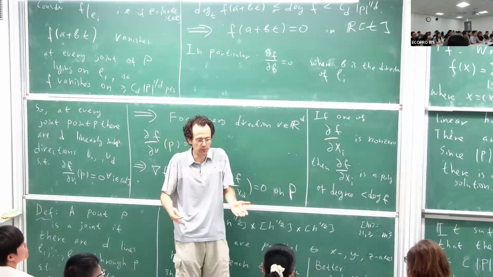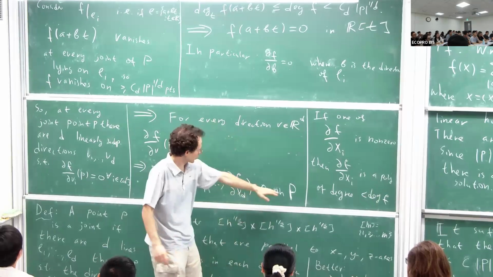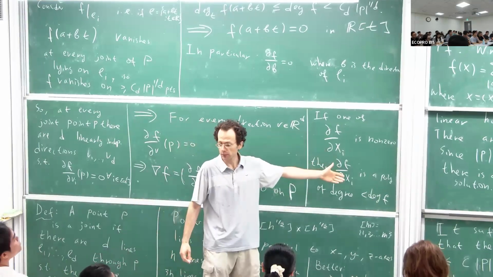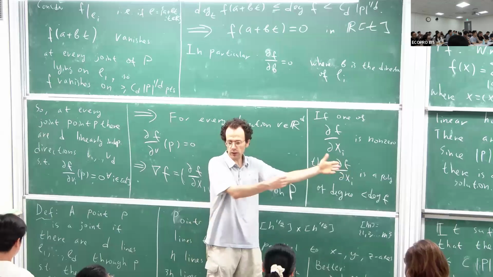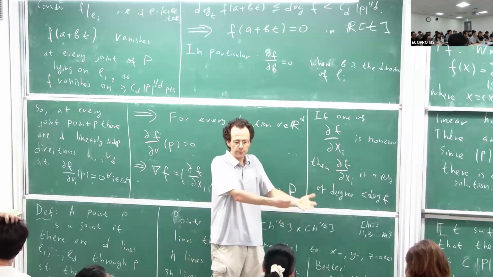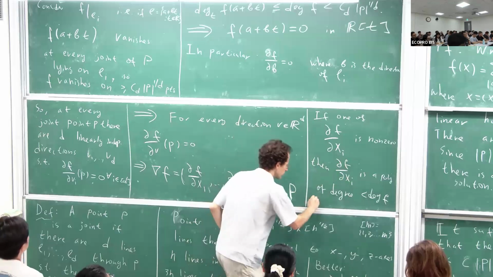A derivative drops a degree. It vanishes on P, and it's a non-zero polynomial. That's a contradiction to how I constructed F. It was the smallest degree non-zero polynomial vanishing on P. It cannot happen. This would be a contradiction.